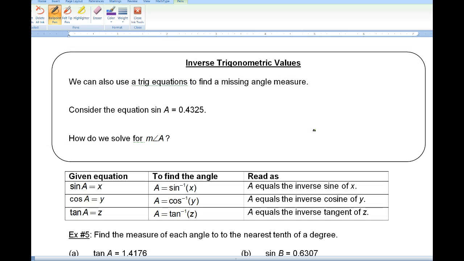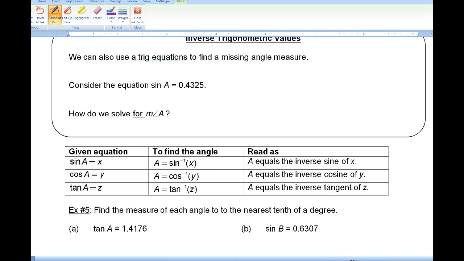Okay, real quickly, inverse trig ratios. Sometimes it's the angle that we're trying to find. What if we know what the ratio is, but we need to figure out the angle measure? So if I know sine of A is 0.4325, how do we solve for the measure of angle A?